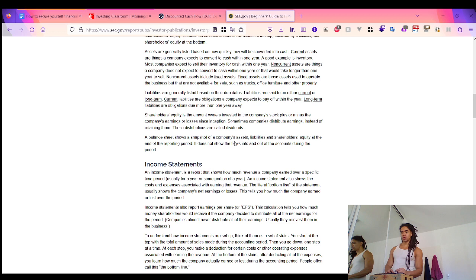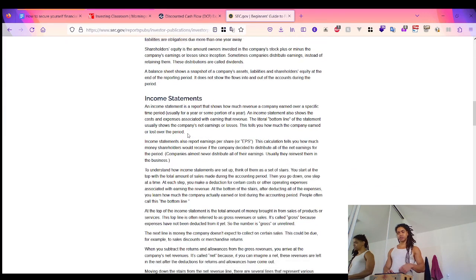It does not show the flow in and out of the accounts during the period. Okay, that's great for this first financial statement.